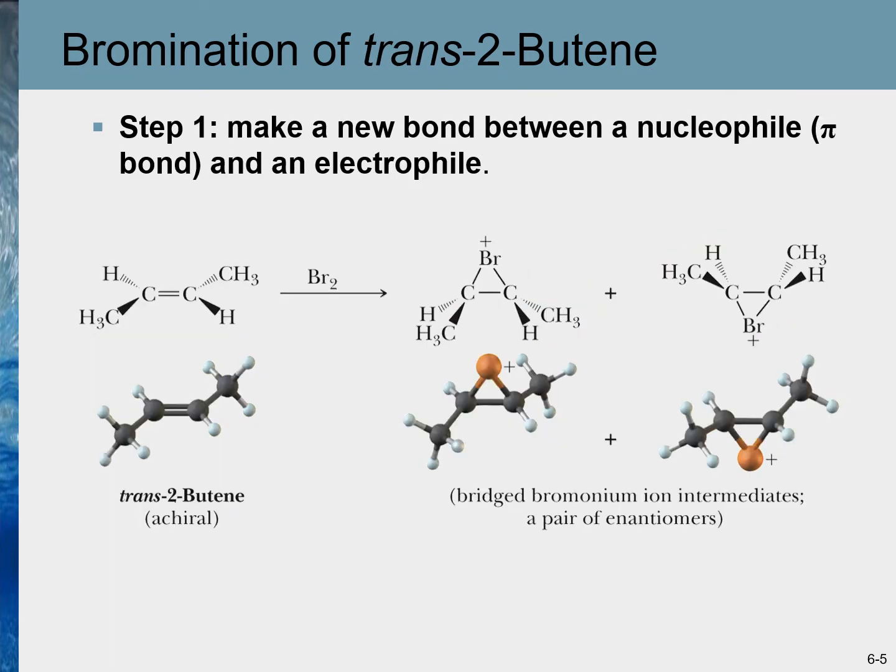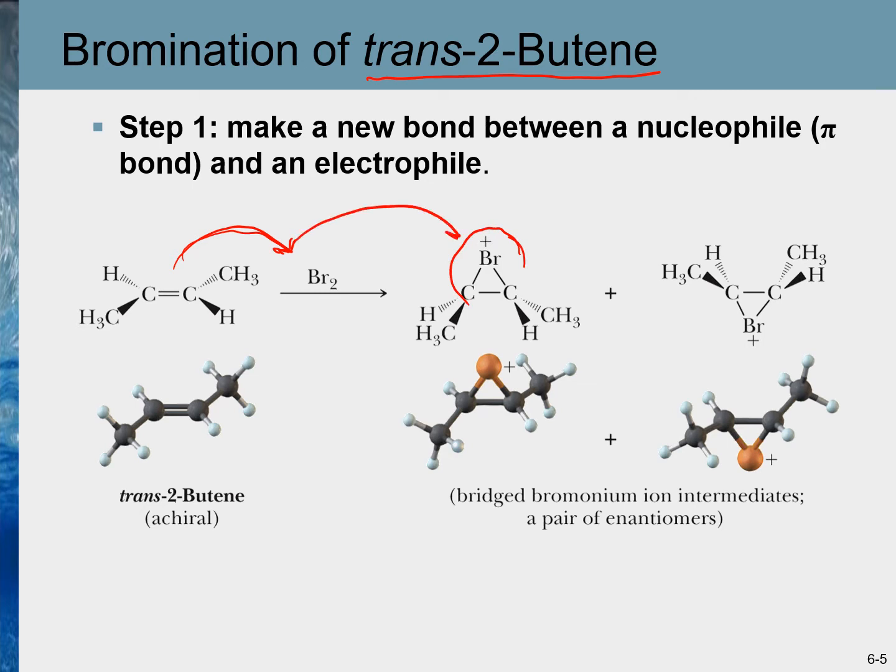Now let's investigate the stereochemistry of the product if we start with trans-2-butene. Just like before, the initial attack of the nucleophile on bromine can take place from the top side, or it can also take place from the bottom side. If the initial nucleophilic attack happens from the top side, then the bromonium ion intermediate will form, the ring will form on the top side.